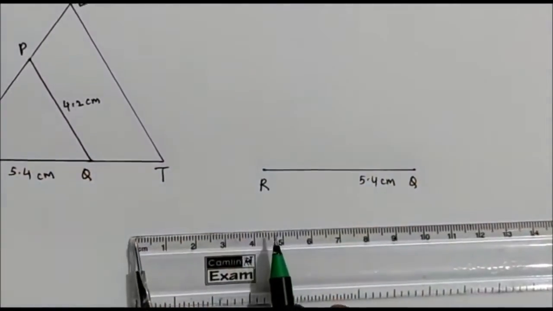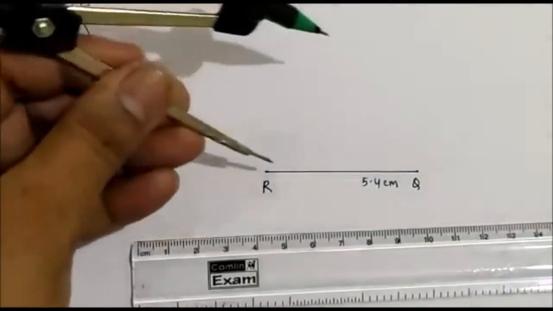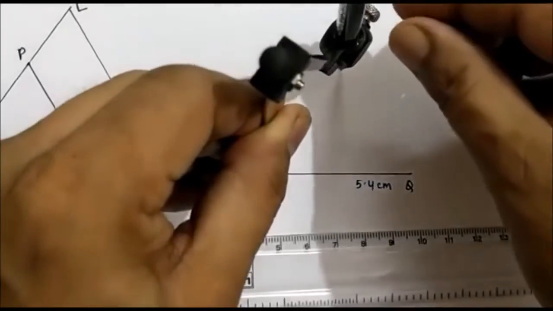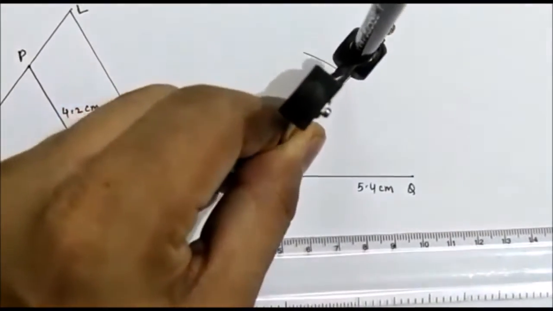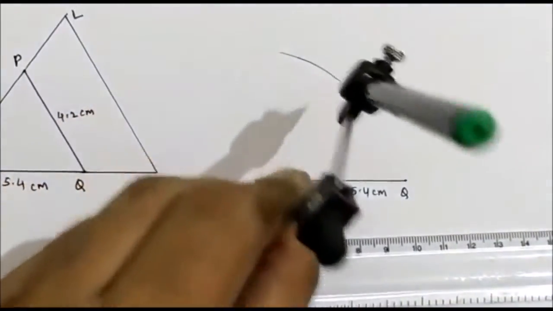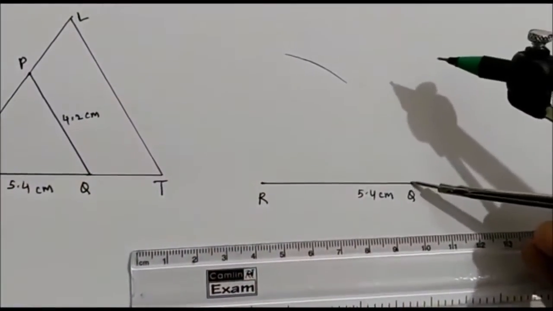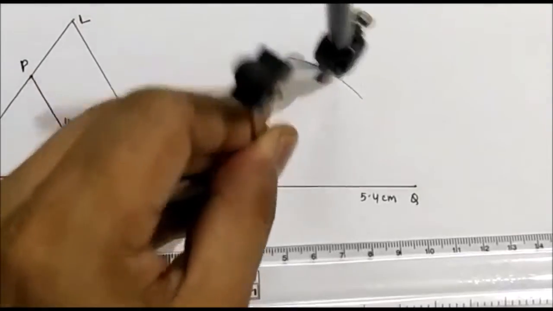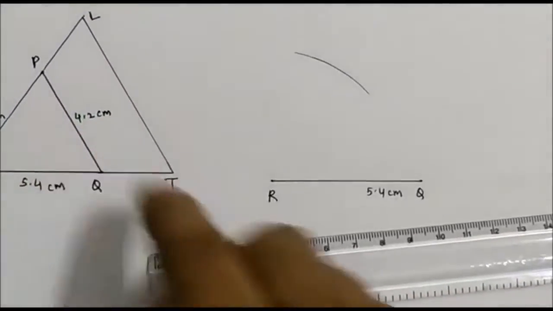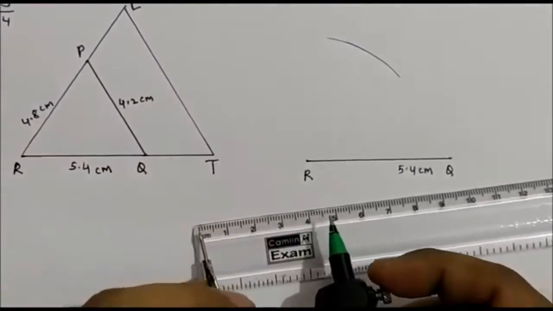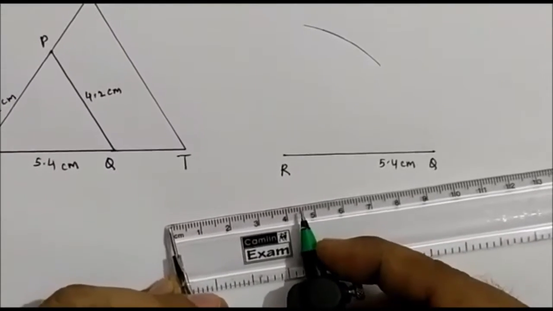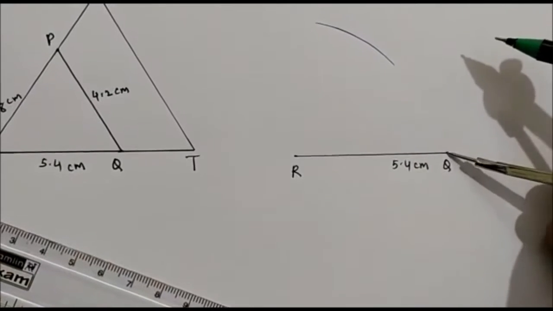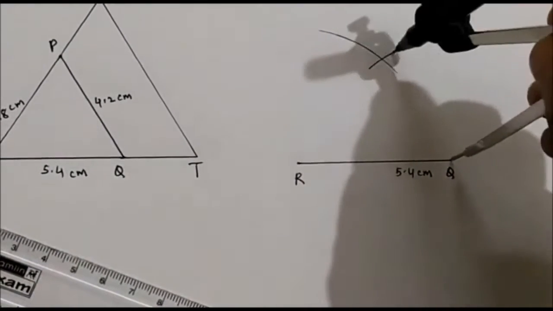See, here we have taken 4.8 centimeter. From this point R we'll cut an arc of 4.8. You can see that. And then it is 4.2, so we'll take 4.2 now, and from this point Q, draw an arc of 4.2. Just draw the proper arc.